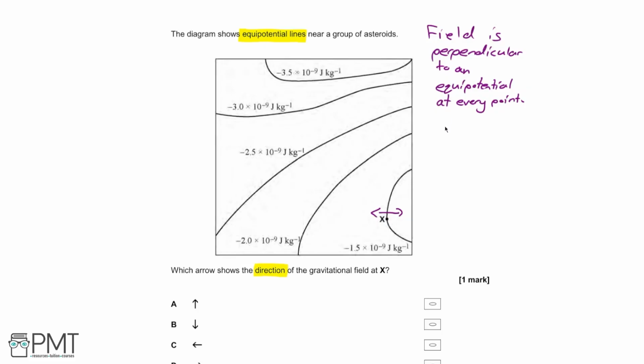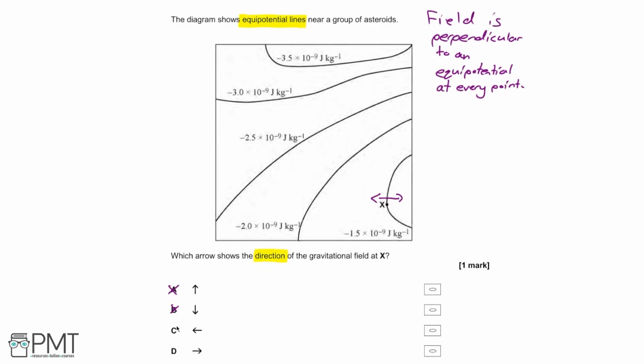For our second fact, we need to consider whether the direction is going to be right or left, as this now excludes A and B. I'm sorry, just so you can see, the fourth answer is D, to the right. In order to understand this, we need to think about what direction a mass would move in this gravitational field. Specifically, our mass wants to move to regions of lower potential energy, because the field is doing work on that mass. If we were just to leave the mass and let the field act upon it, the field will automatically convert gravitational potential energy to kinetic energy of the mass, and in the process, it will lose more gravitational potential energy.